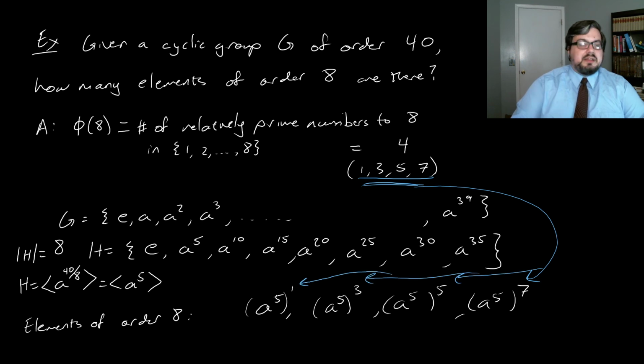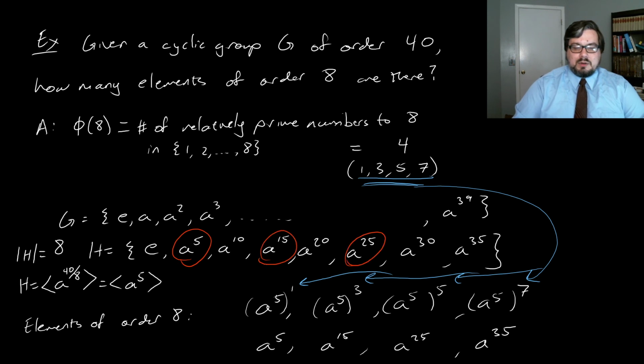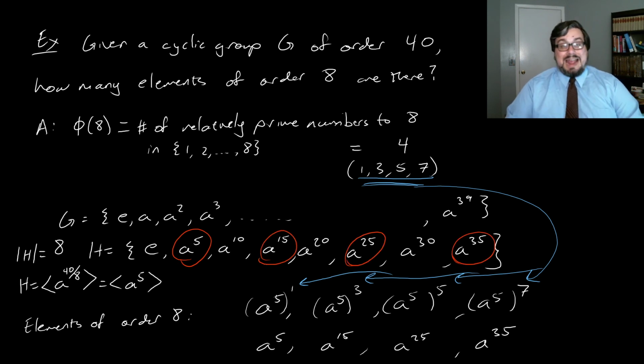They're all the numbers from 1 to 8 which are relatively prime to 8. So we get a to the 5th, a to the 15th, a to the 25th, and a to the 35th. So here are all our elements of order 8 in our group.